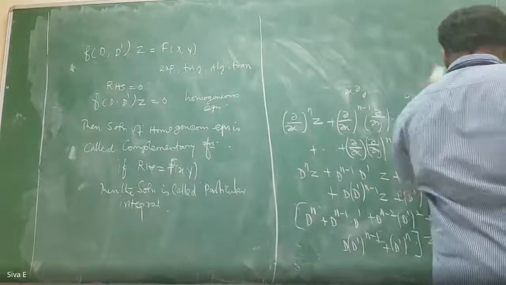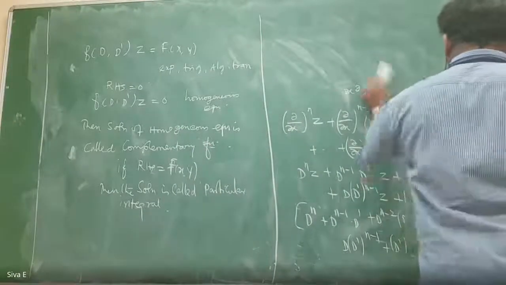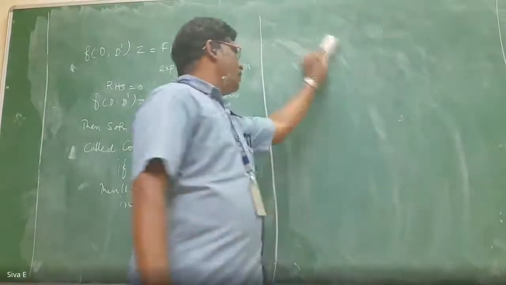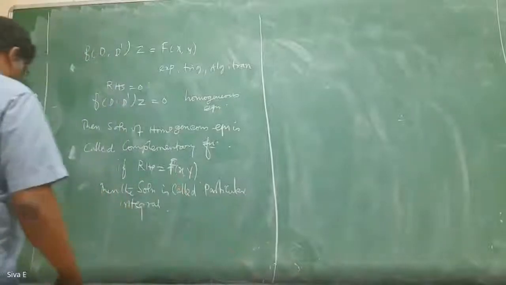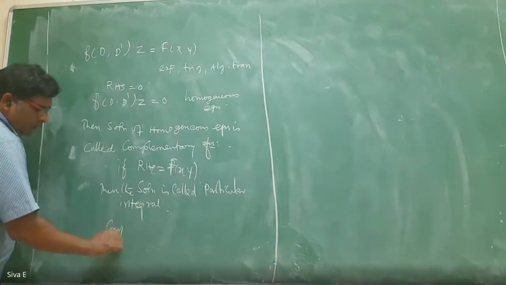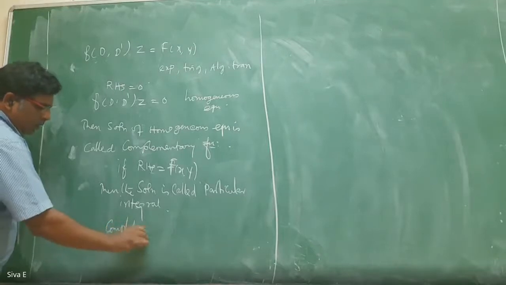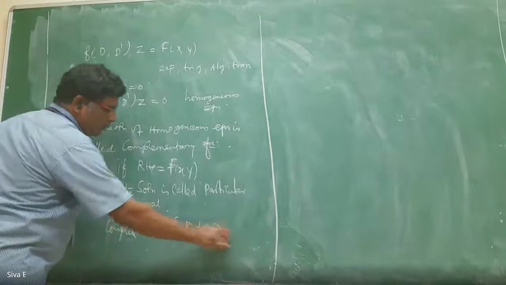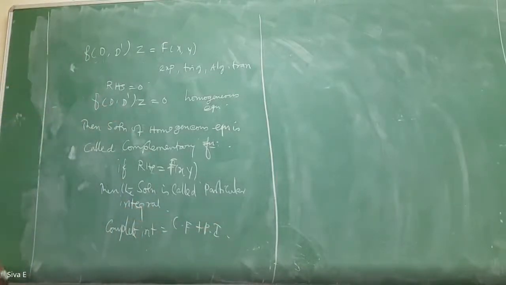So what is the solution for that? Not ODE, sir, PDE, second and higher order PDE, that is called a complete integral. Complete integral equal to complementary function plus particular integral. Then how to find that complementary function and particular integral for the second and higher order PDE.